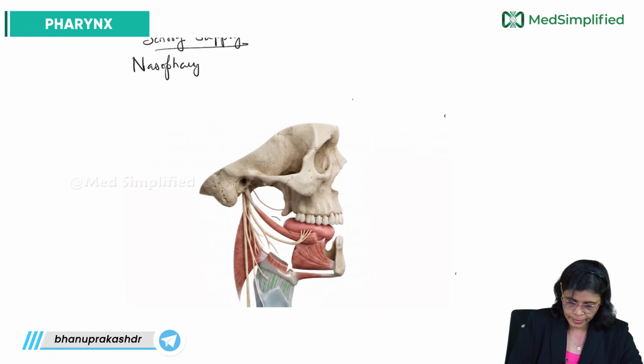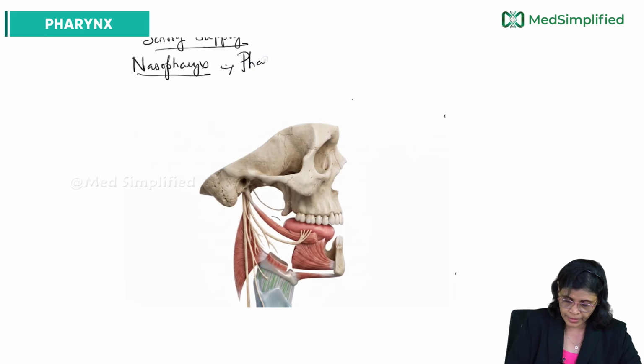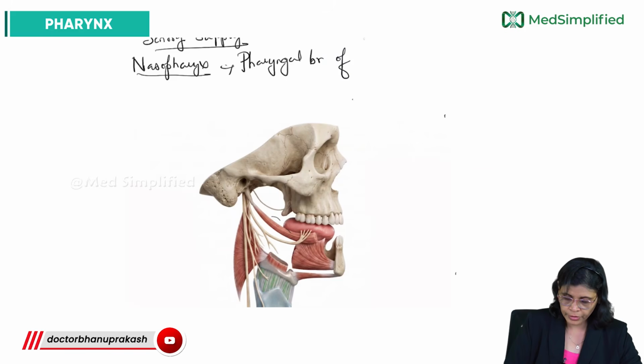The nasopharynx is mainly supplied by the pharyngeal branch of the pterygopalatine ganglion.